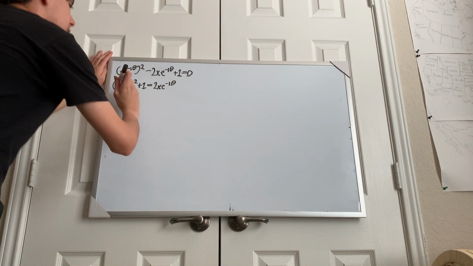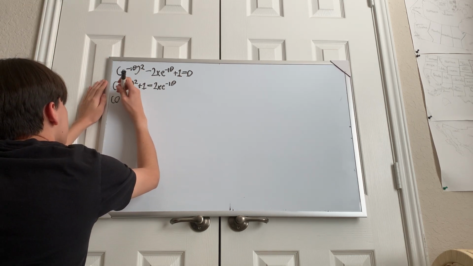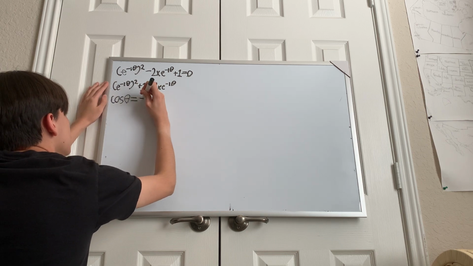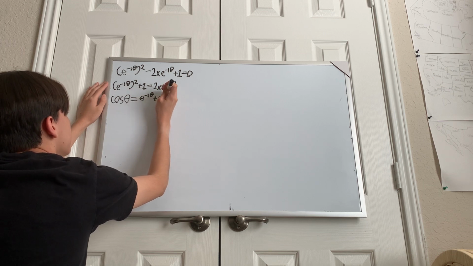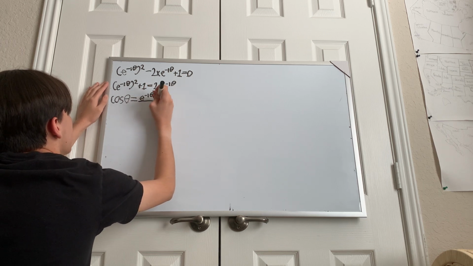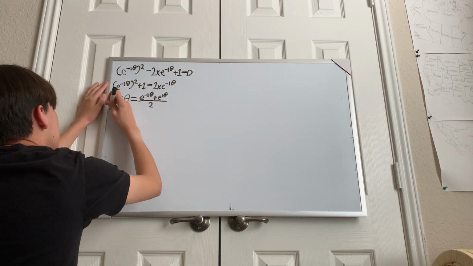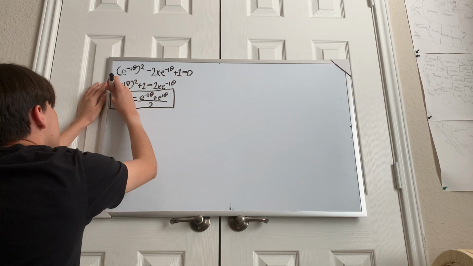So then we get that x, or cosine theta, is equal to e to the negative i theta plus e to the i theta divided by 2. And this is our semifinal solution.